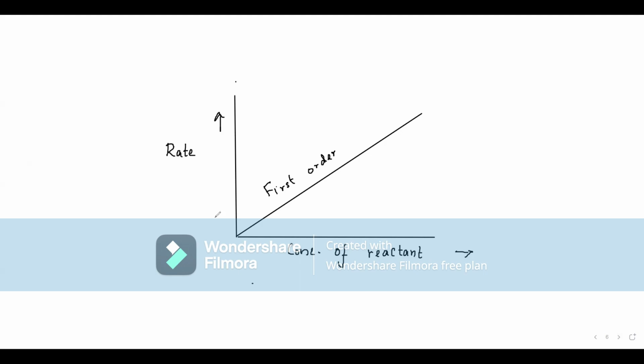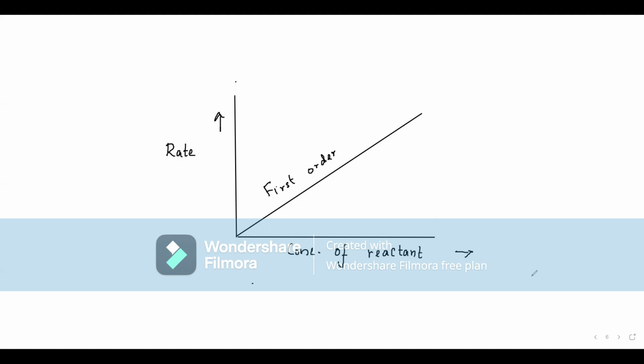Now, graphical representation for a first order reaction. Rate is plotted against concentration of the reactant. So you get a straight line like this. So learn to draw the graph as well.